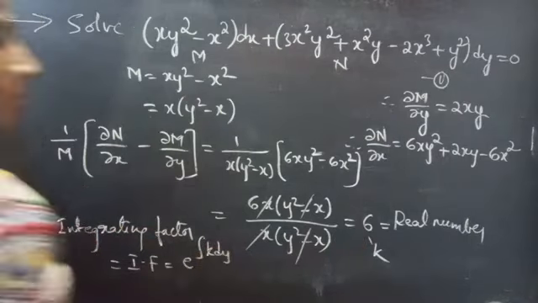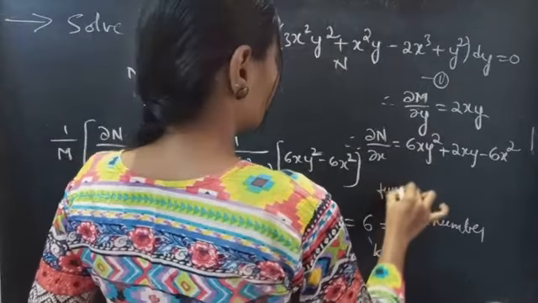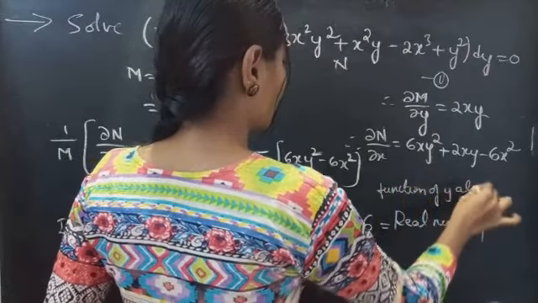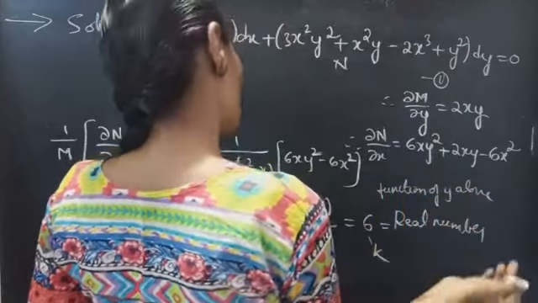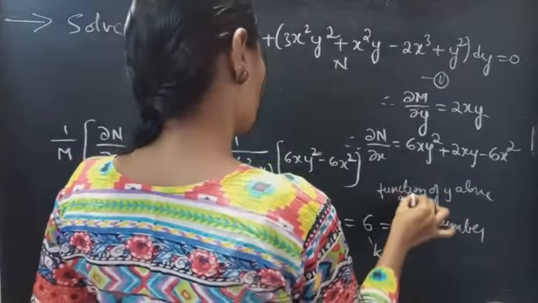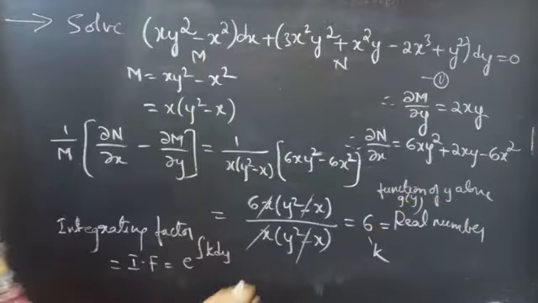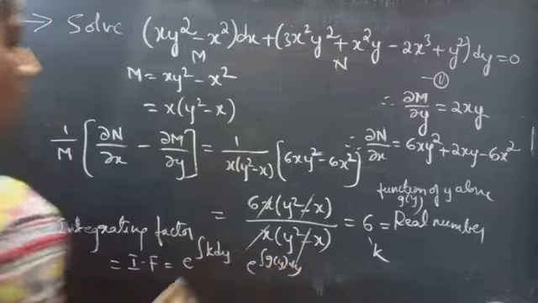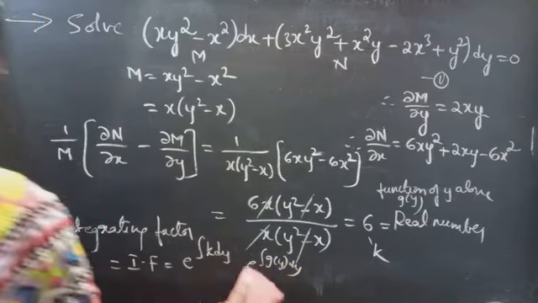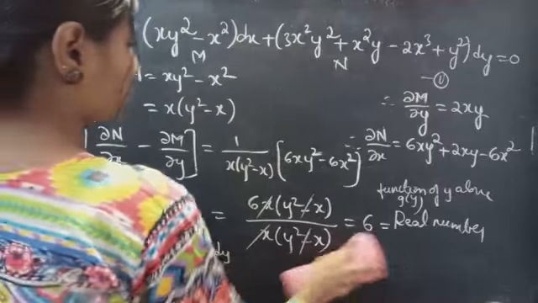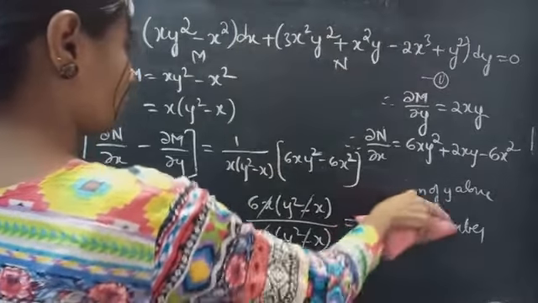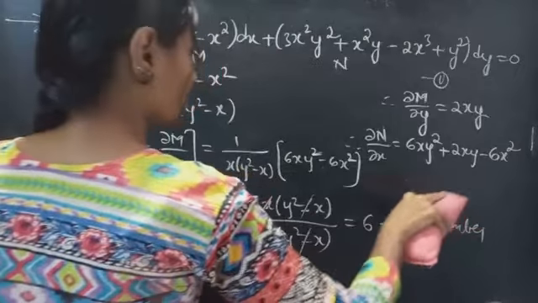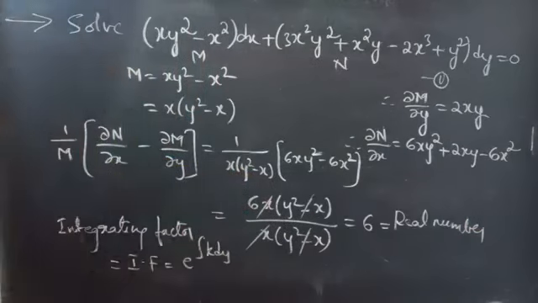If we get a function of y alone, and we name that function of y as some g of y, then our integrating factor will be e power integral g of y dy. Okay, but we got a real number instead of a function of y.